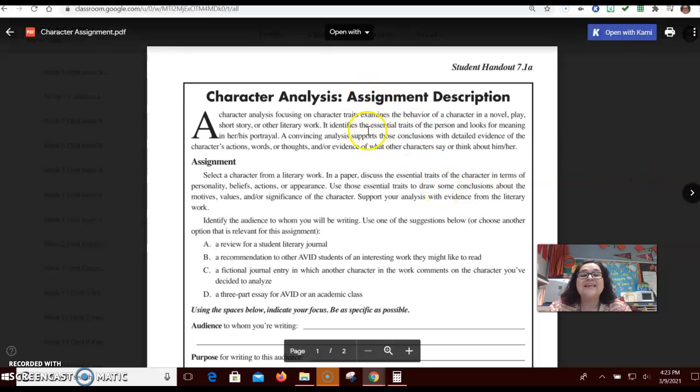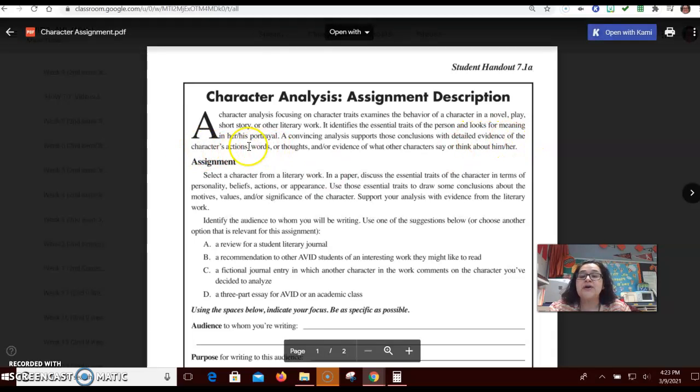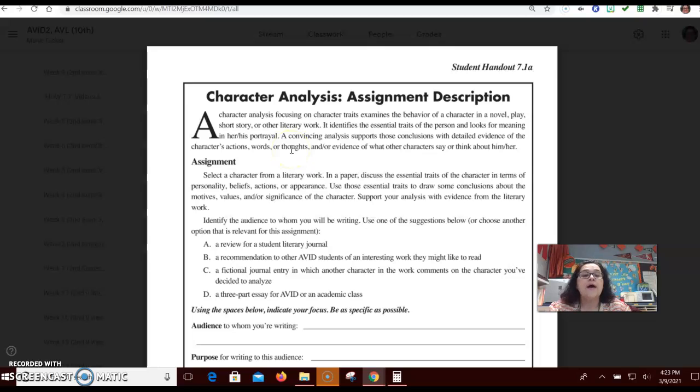It identifies the essential traits of the person and looks for meaning in how this person is portrayed inside the novel or the play. A convincing analysis supports those conclusions with detailed evidence of the character's actions, words, thoughts, or anything they may say or do.